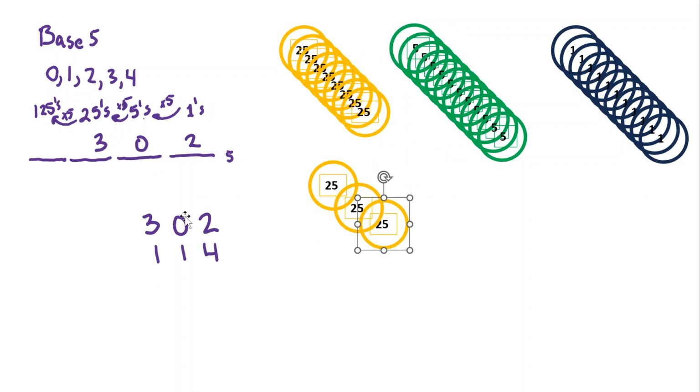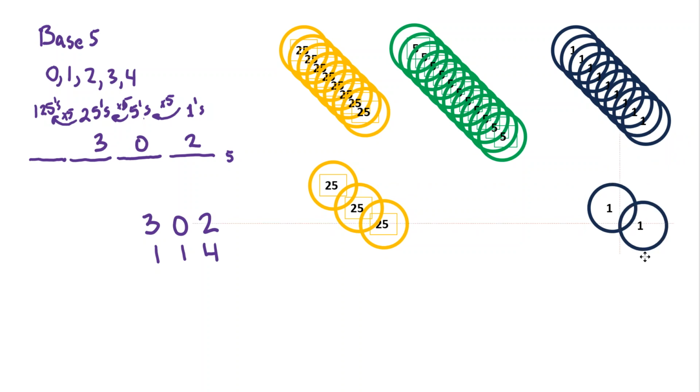I have 0 in the 5s place, so I wouldn't have any nickels. And I have 2 in the 1s place, so I would have 2 pennies. And what I have out here down below represents the number 302 in base 5.